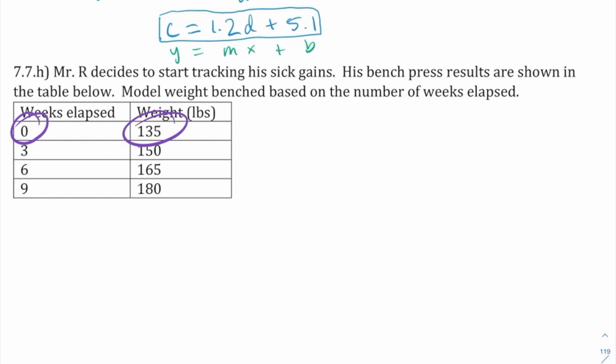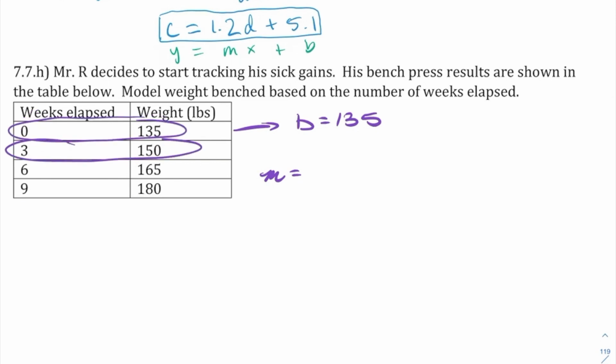Info we can extract is that when 0 weeks have elapsed, the weight is 135, which gives us a nice starting value. Right away we can tell that our y-intercept, or our dependent intercept, is at 135. For the slope, let's pick any 2 points.